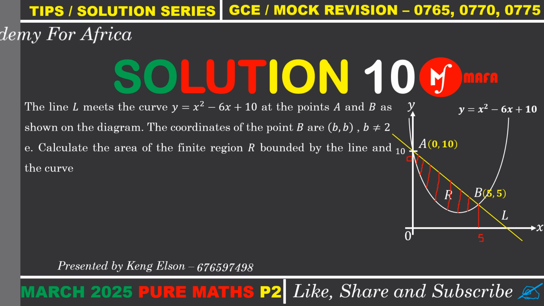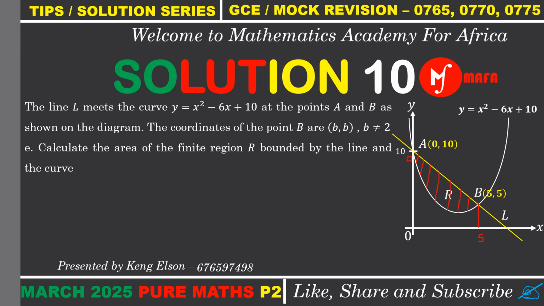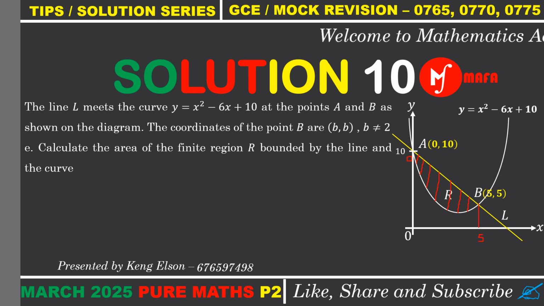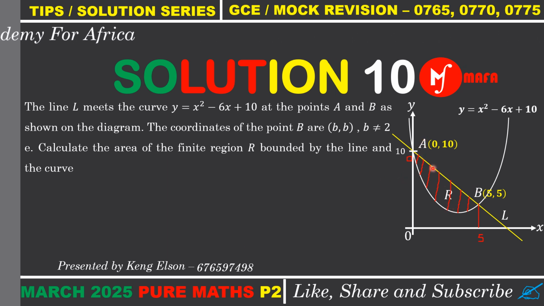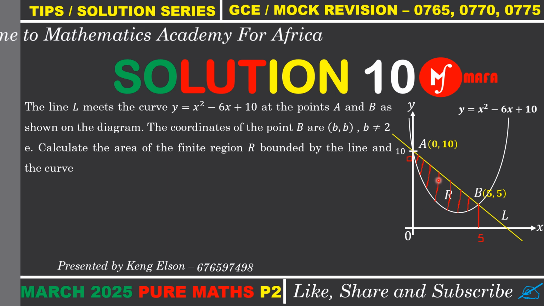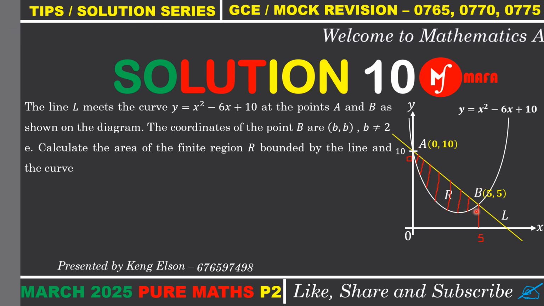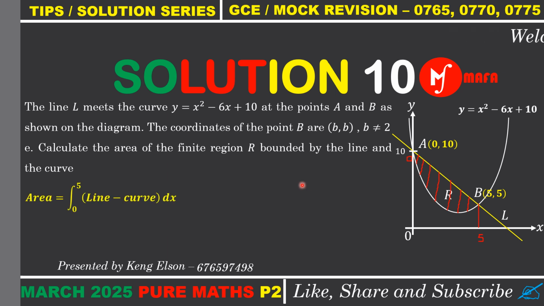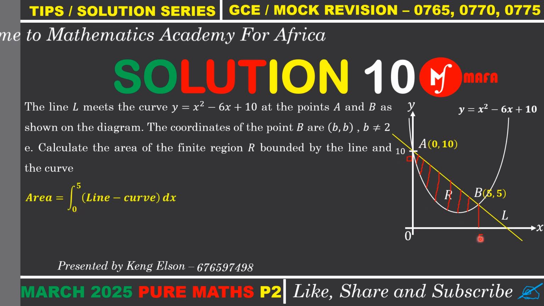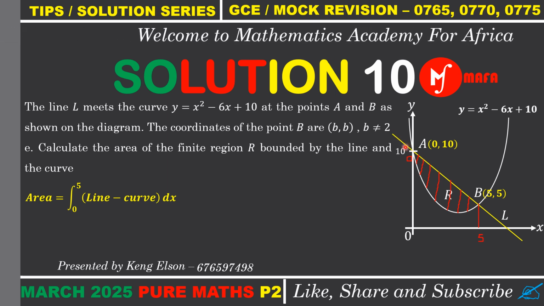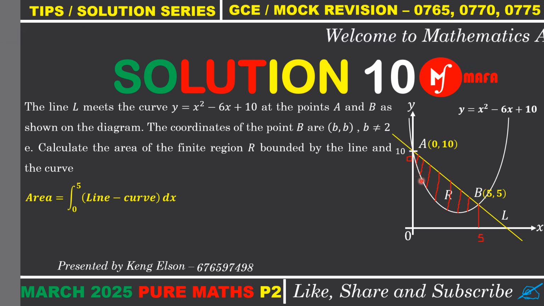So the interval of x in that region is from 0 to 5. Now the region is bounded by the line and the curve. Since the line is above the curve, we are going to take the line minus the curve. So the area involved is the integral from x equal to 0 to x equal to 5 of the equation of the line minus the equation of the curve.